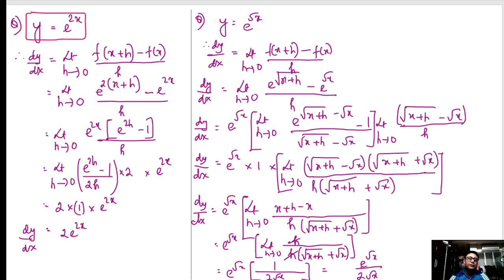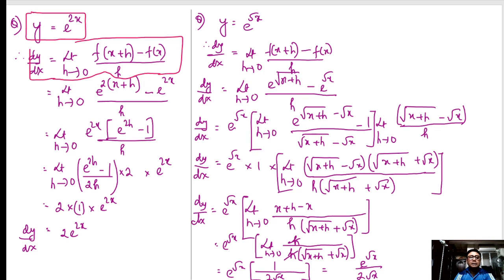As you know, the first principle differentiation is written like this: limit h tends to 0, f(x plus h) minus f(x) by h.